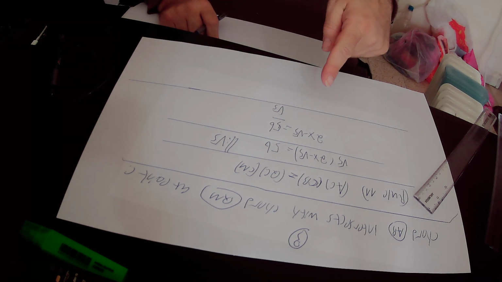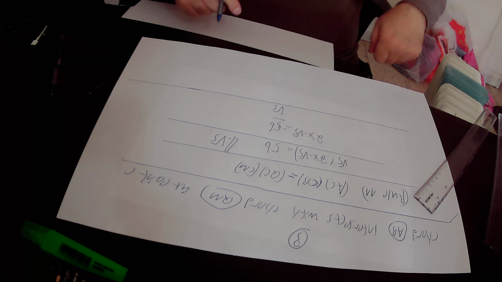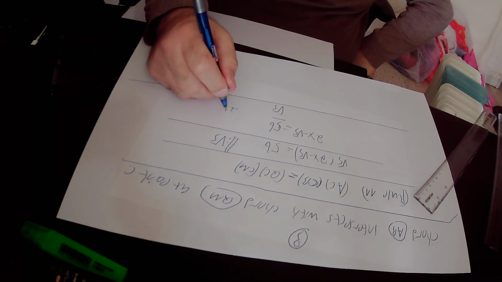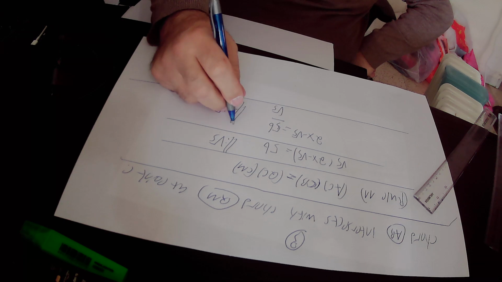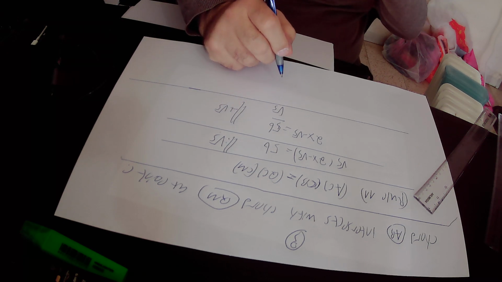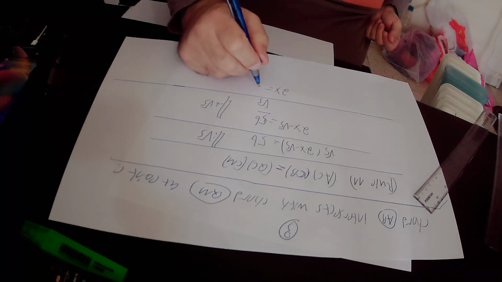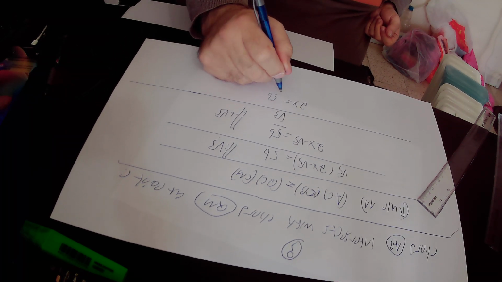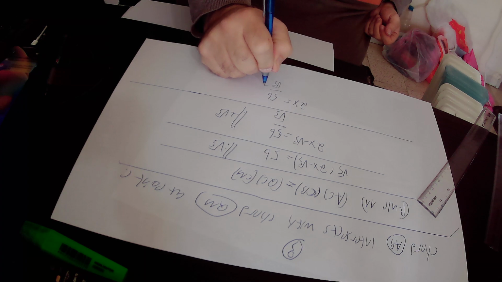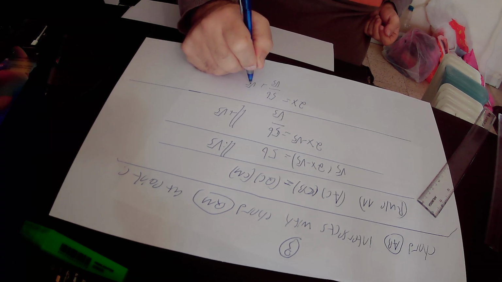Here we will add to this equation square root of 5, and we get that 2x equals 5b over square root of 5 plus square root of 5.